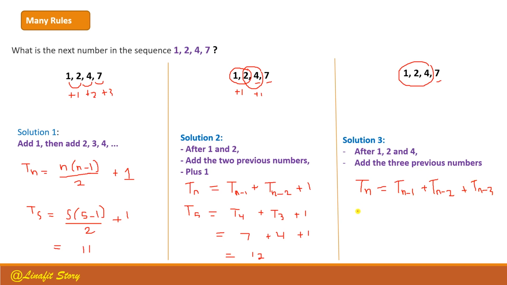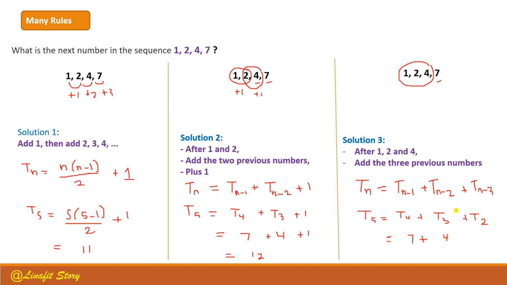So to get the fifth term, T5 is equal to T4 plus T3 plus T2. The fourth term is 7. The third term is 4.